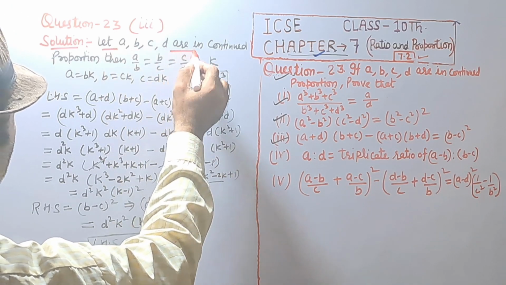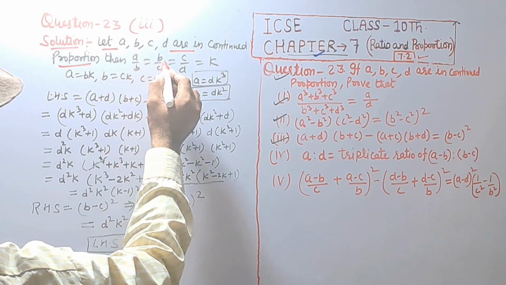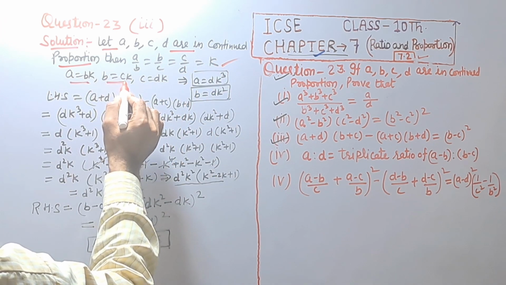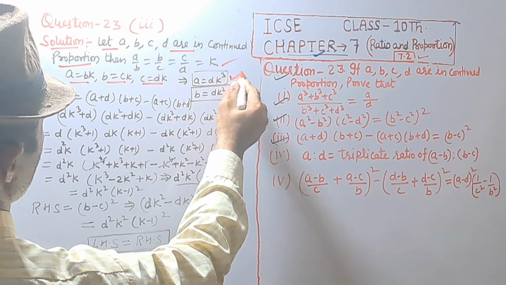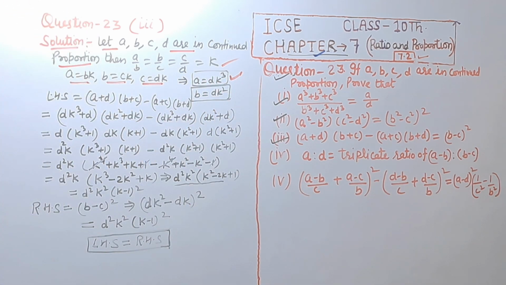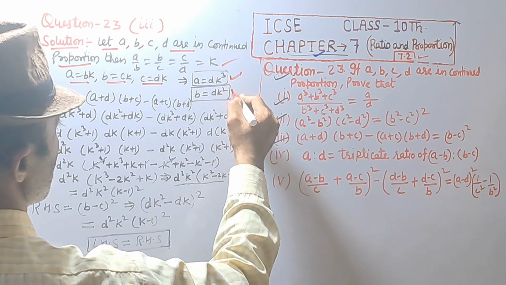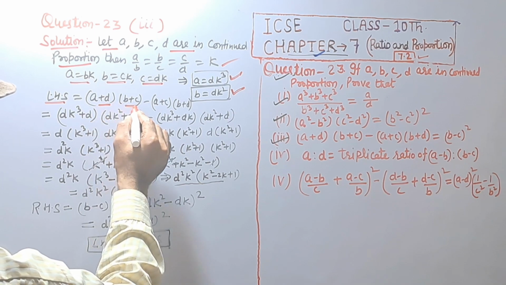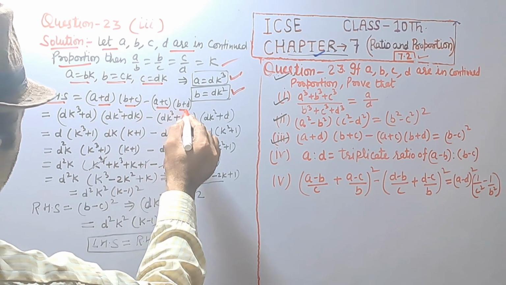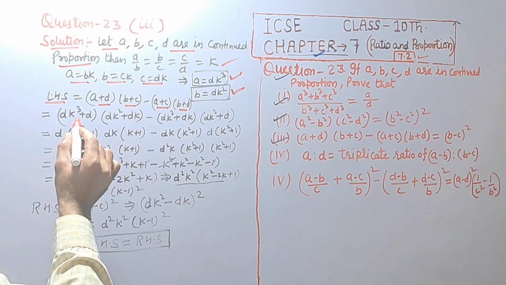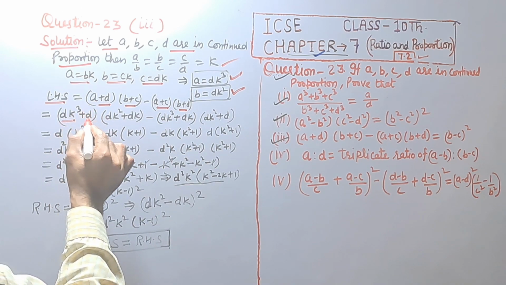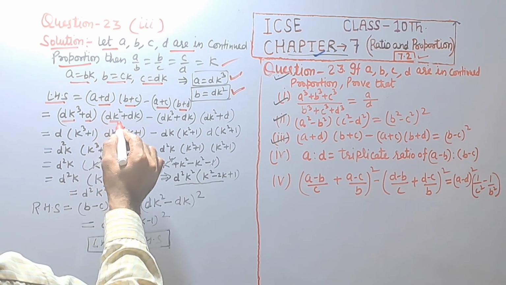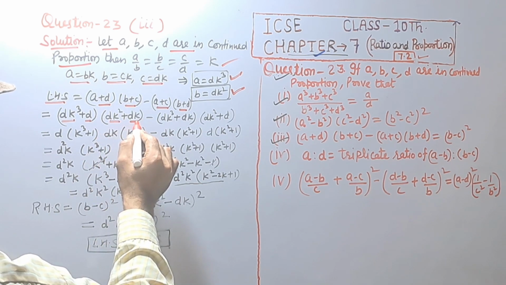Let a, b, c, d are in continued proportion, then a/b = b/c = c/d = k, a = bk, b = ck and c = dk, a = dk³, b = dk². Taking left hand side, that is (a + d)(b + c) − (a + c)(b + d). a is equal to dk³ plus d and b is equal to dk², c is equal to dk.